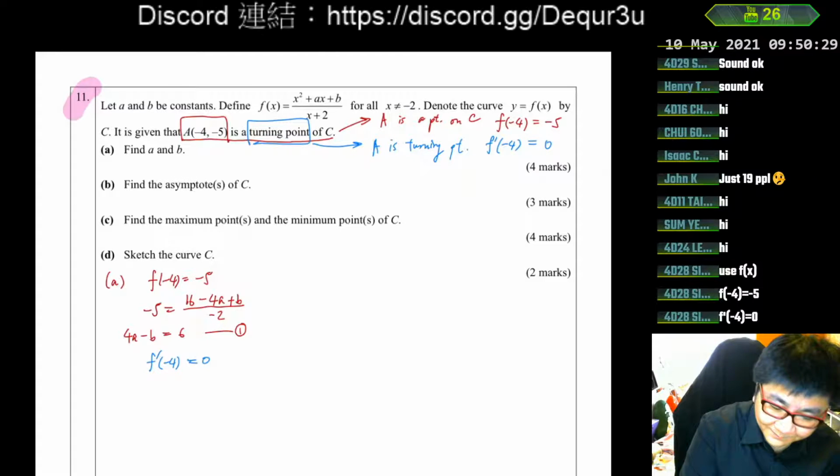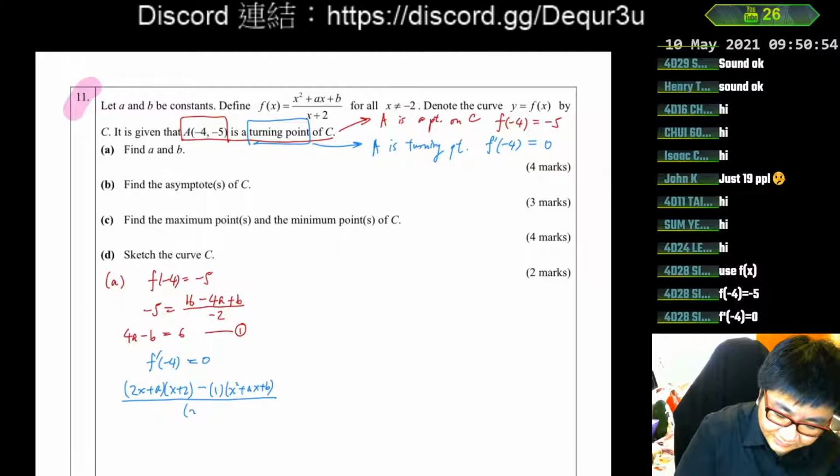Differentiate the top and keep the bottom: 2x plus a, multiplied by x plus 2, then minus differentiate the bottom and leave the top. Differentiating the bottom is just 1, and then leave the top, over the denominator squared. After all these, we put x to be -4 and set it equal to 0.